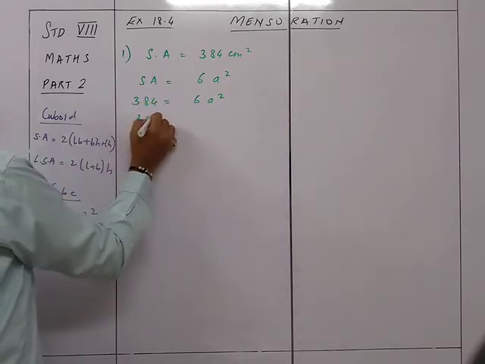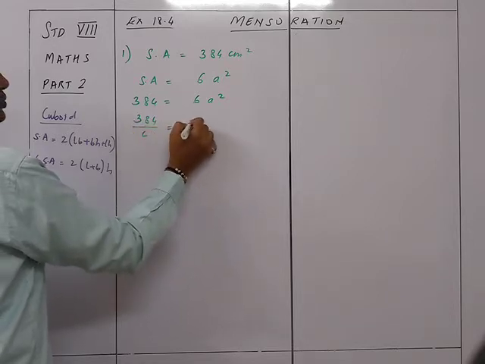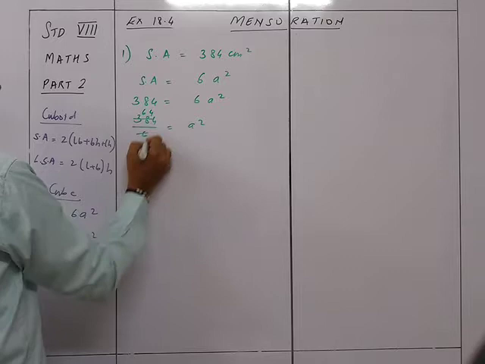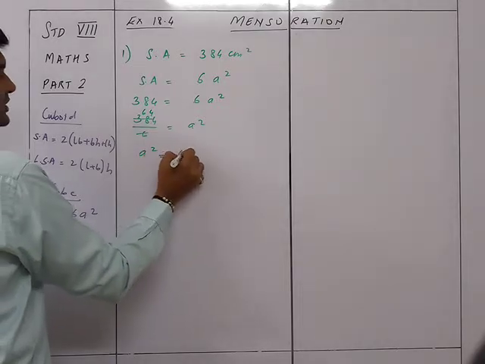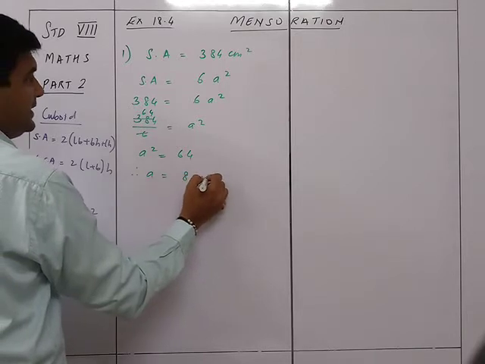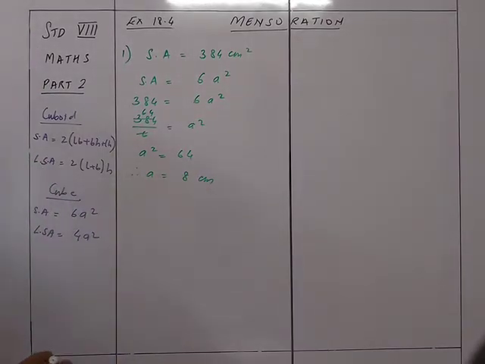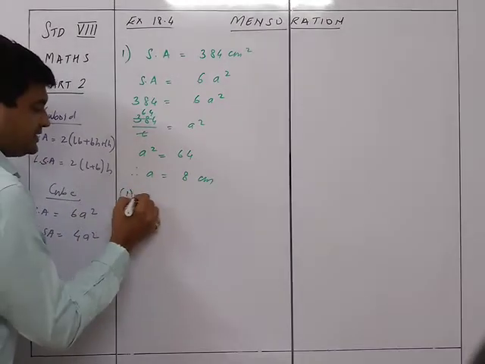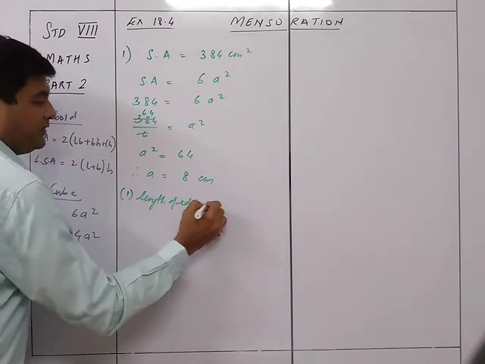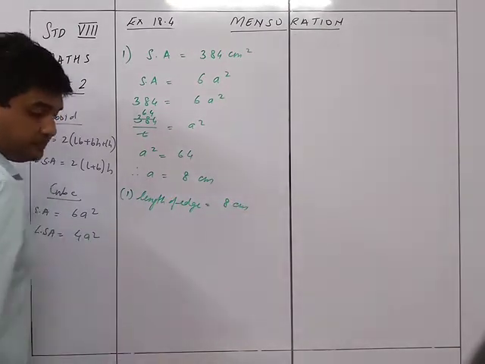So 384 upon 6 is equal to A square. You cancel this by 6 and then 4. So A square is equal to 64. Therefore A is equal to 8 centimeters. So therefore the first answer is length of edge is equal to 8 centimeters.